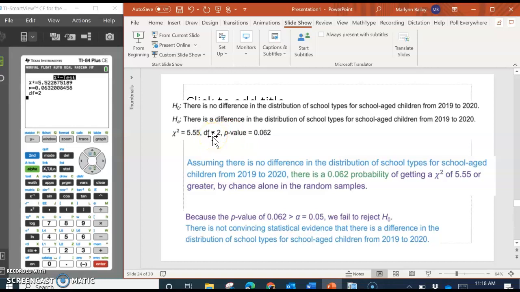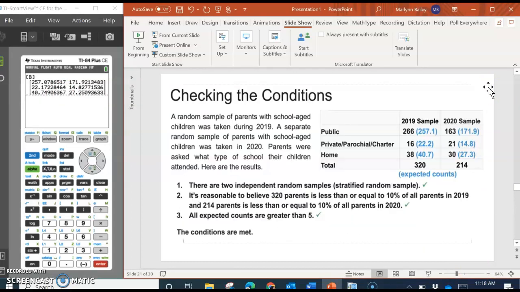If we wanted to see what the actual expected values are, you can go back to your matrix menu. We can go to second matrix, go to matrix B, hit enter, and it'll show us exactly how it's lined up in our table.